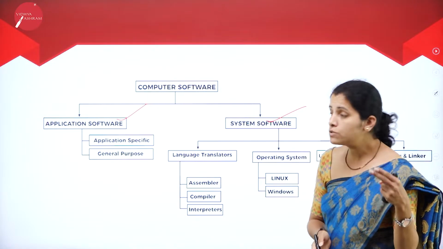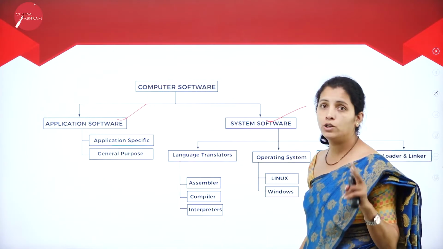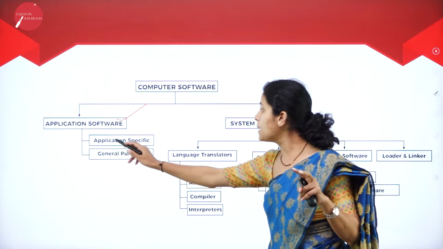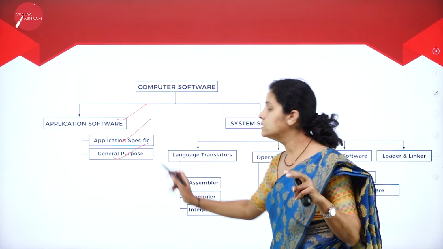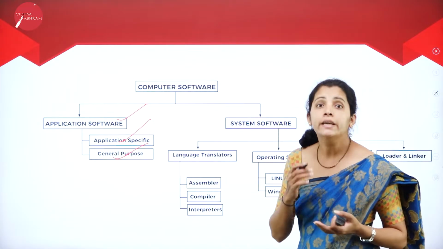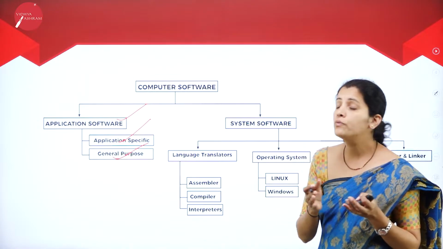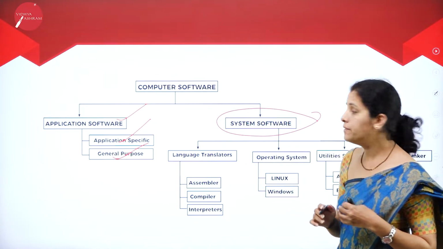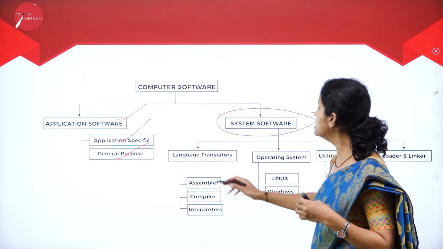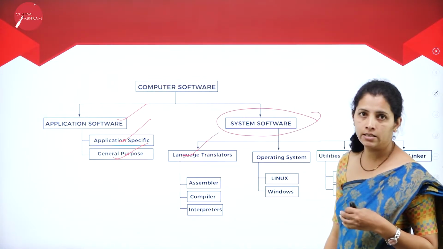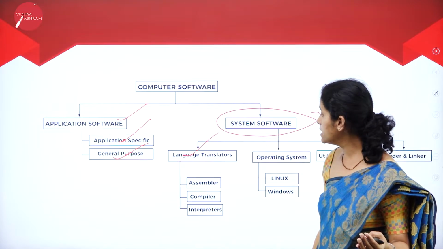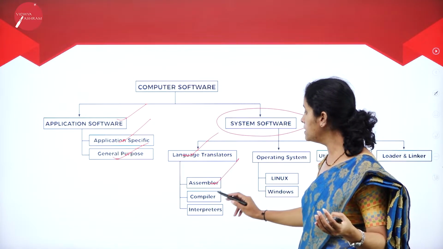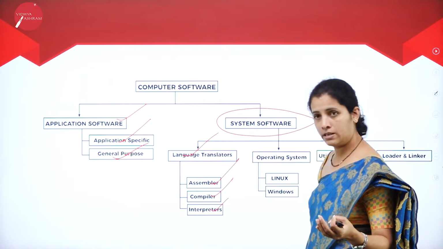Here, application software is further classified into two types, that is application specific and general purpose. The system software is classified into different types, that is language translator. Under language translator, we have assembler, compiler and interpreter.